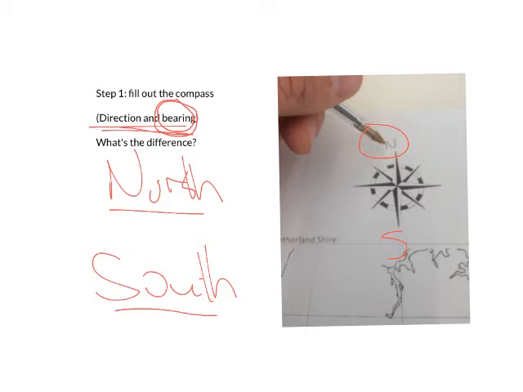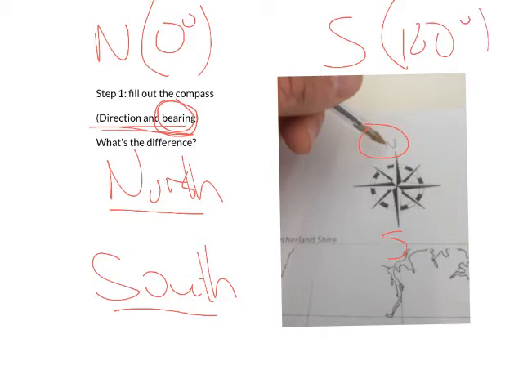So you might put the N there, and you might put an N, and then in brackets put what it is, and I'll give you a clue. That one there is 0 degrees, and at the bottom you might do south, and that one there is 180 degrees. But your teacher's going to go through that. Now this is a really important first step. Because that's going to help you when you're looking at direction around the map.